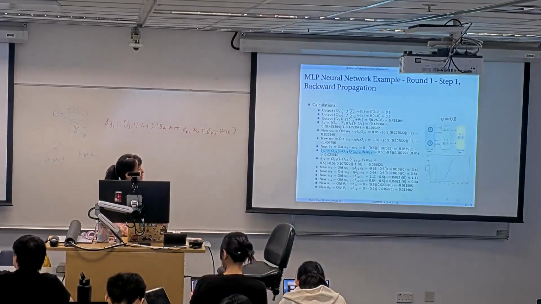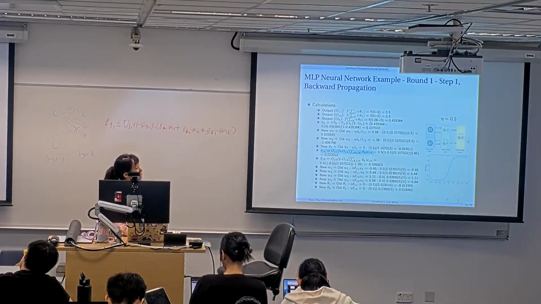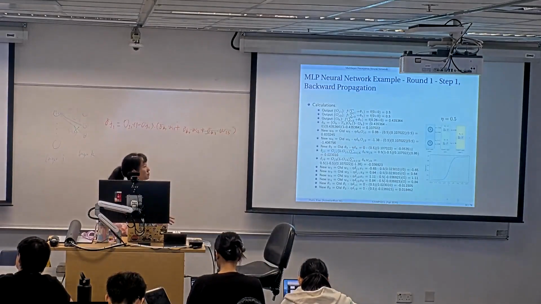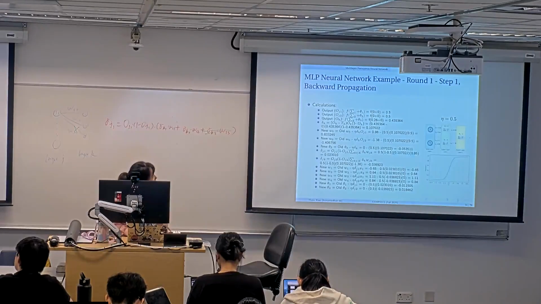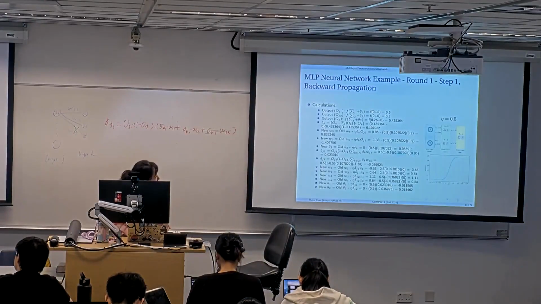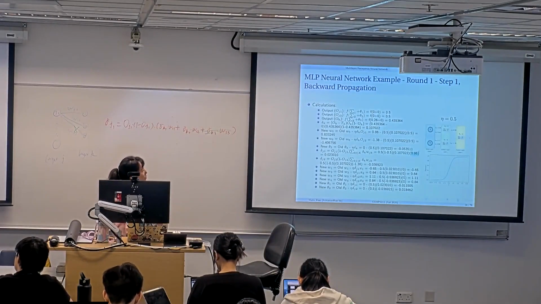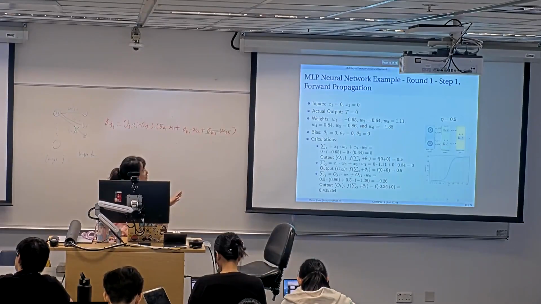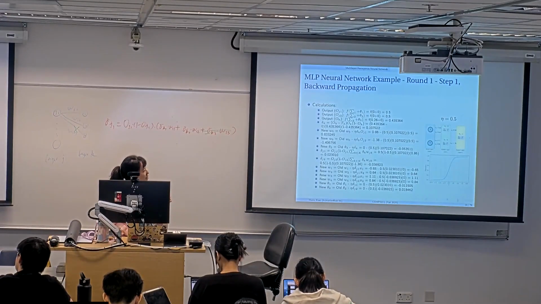Even though it's a sum, we only have one single node in the output layer, so this sum is just delta K times this WJK. Note that this WJK is from the last step, our initialization. This is negative 0.86.